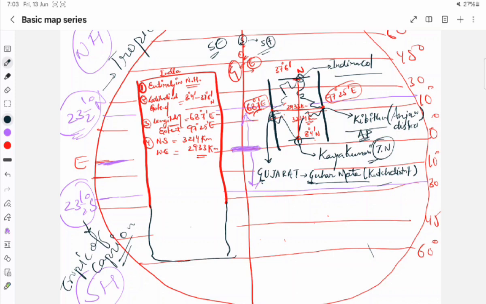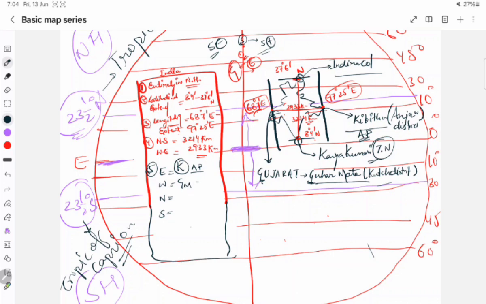Now let's just note down this information for you in this box. We have eastern, western, northern, southern. Keep everything on your fingertips. Eastern is Kibithu in Arunachal Pradesh, right? Western is Guhar Mata in Gujarat, G for Guhar, G for Gujarat.